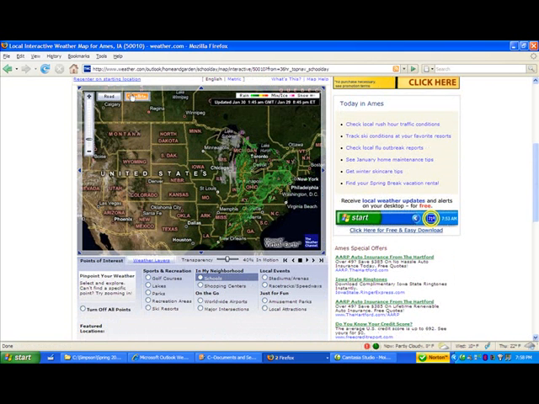Well, let's go to satellite. So I'll click on satellite here. Well, it's actually running through gathering data here.